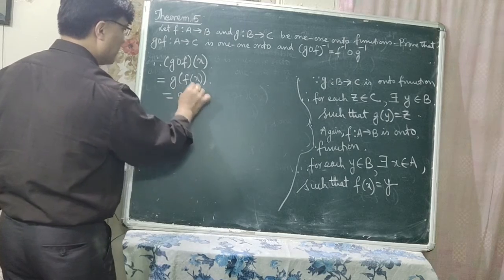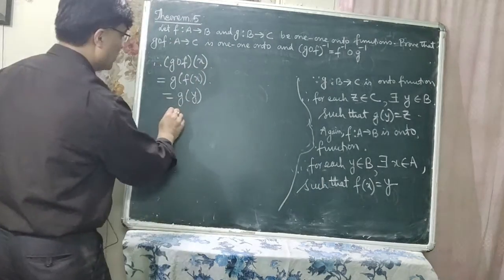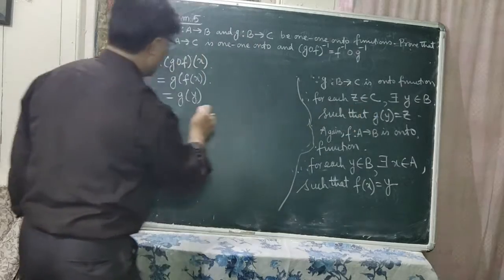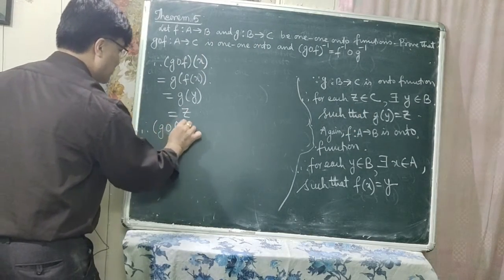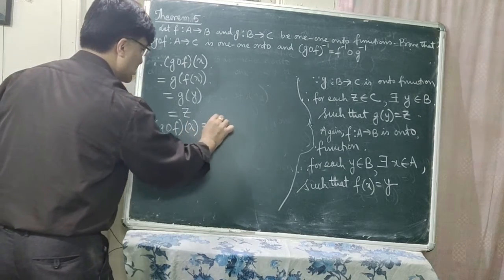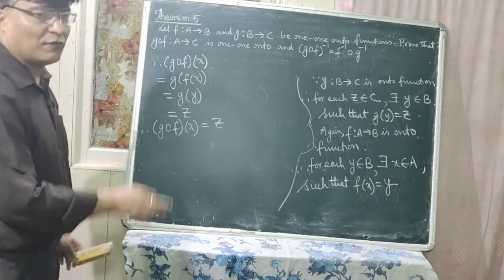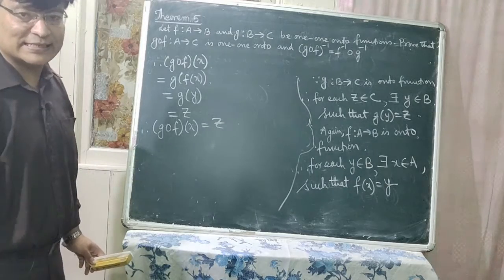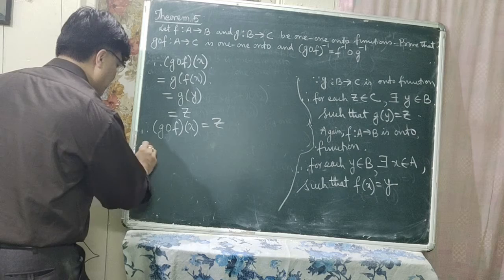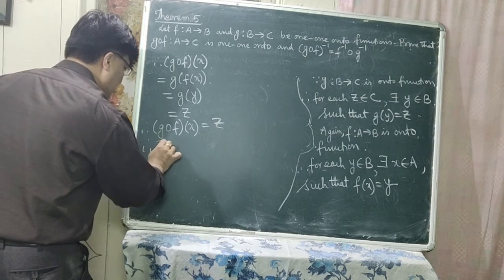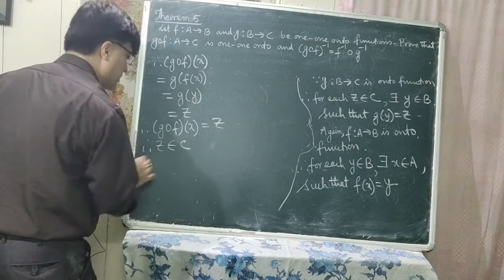Instead of f of x you can write y here. What is g of y? g of y is z. So therefore we have proved that g∘f of x is equal to z. Okay. So this indicates that, what does it imply? Therefore z belongs to the set C.